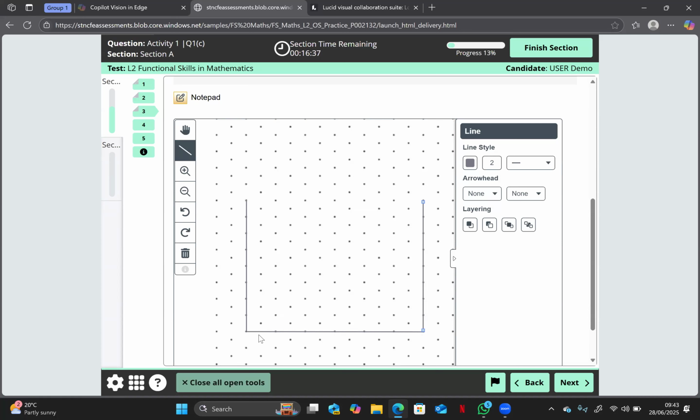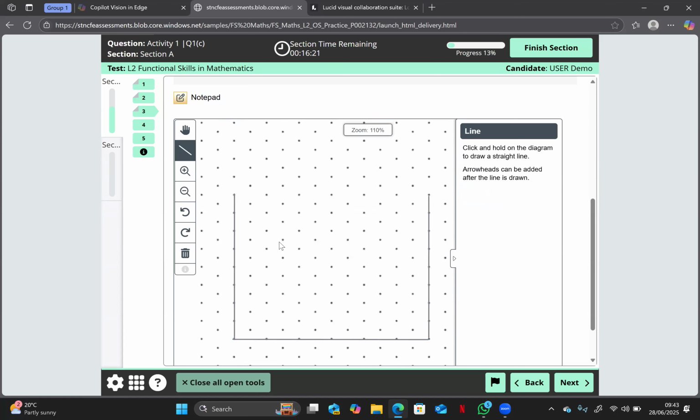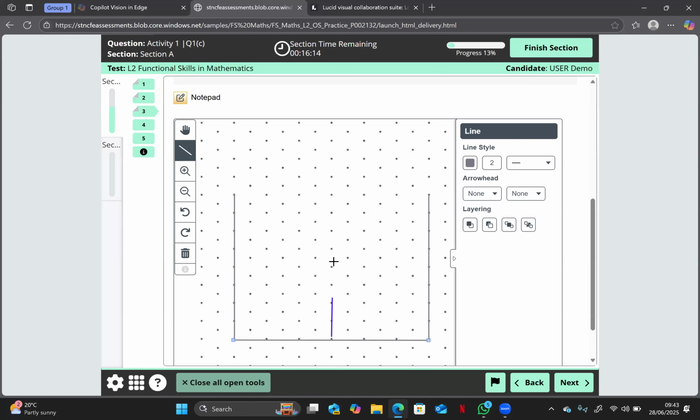And we need to find the middle, so 1, 2, 3, so it'd be 9 up here. So it would be like this, basically.